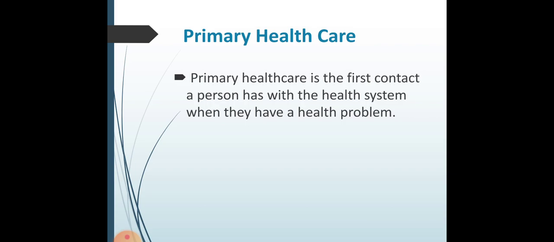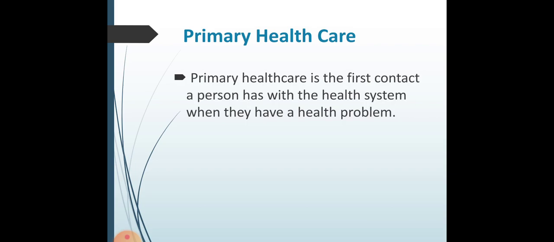So in other words, when the person is sick, then definitely he would go to a healthcare facility, and that healthcare facility offers or renders primary healthcare to those who are in need of the health services. Usually the first contact between the community members and other levels of the health facility will start in the primary healthcare.